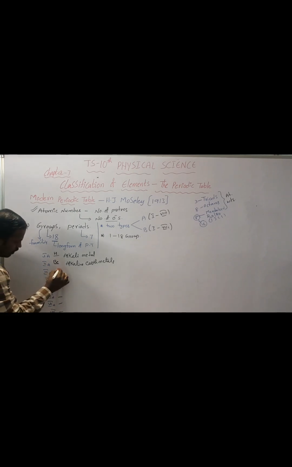So the third A group is boron, the fourth is carbon, the fifth A is nitrogen, then oxygen, fluorine, and helium or neon we can consider.